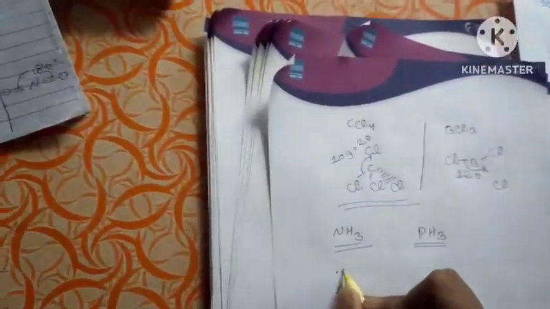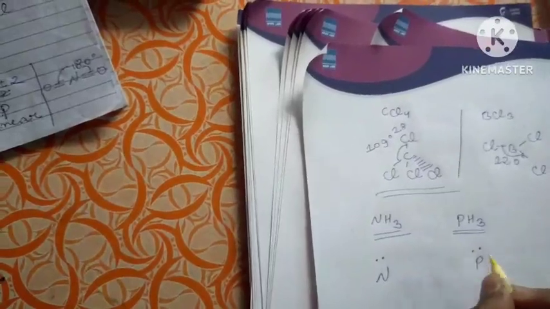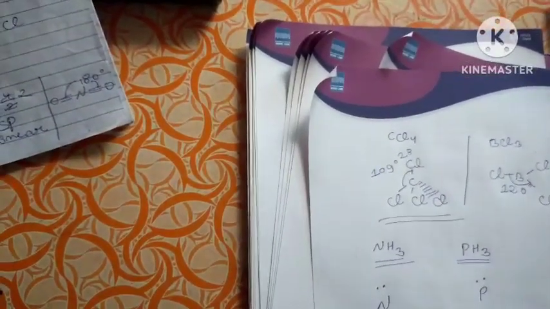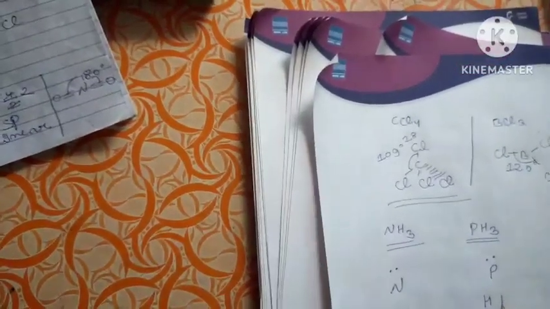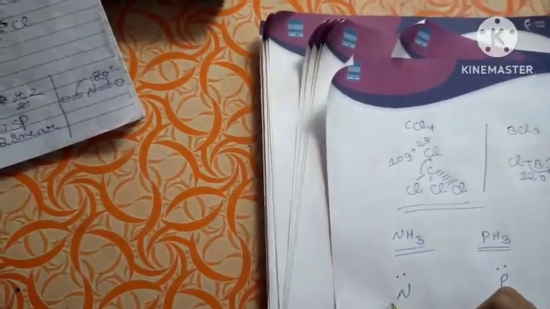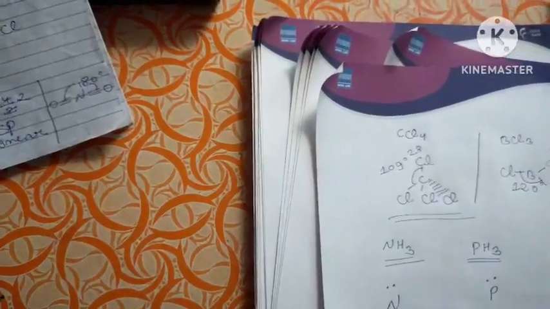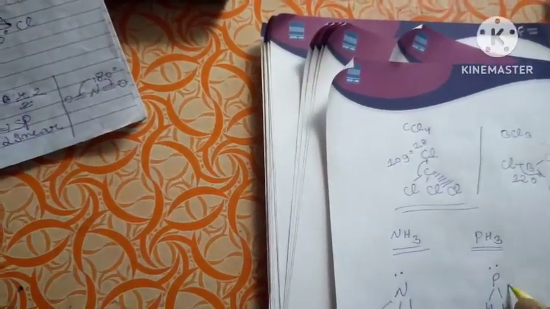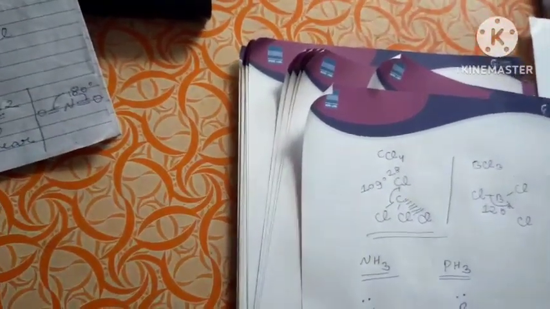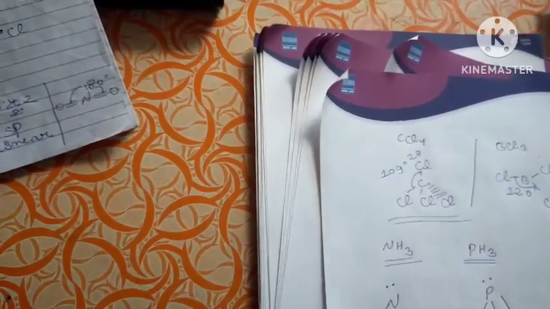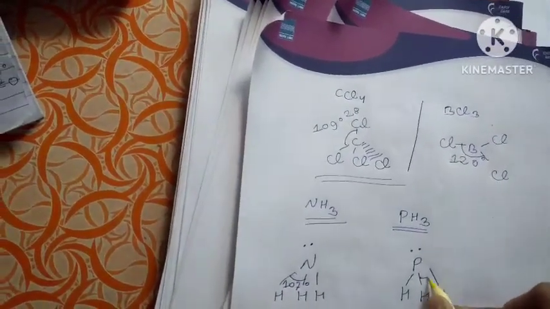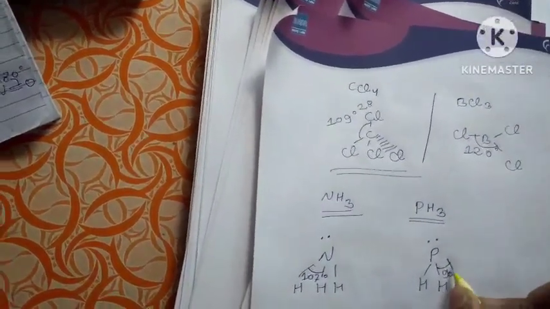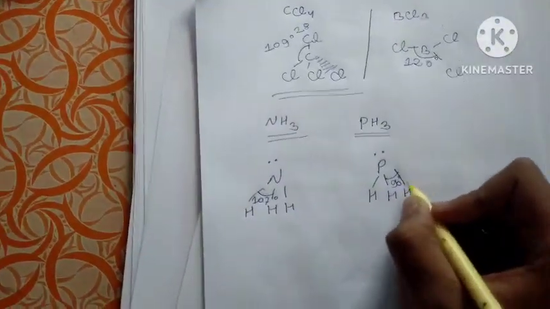One lone pair is present, three hydrogen, right? And the angle will be 107 degree because one lone pair is present, and it will be about 90 degree in PH3.